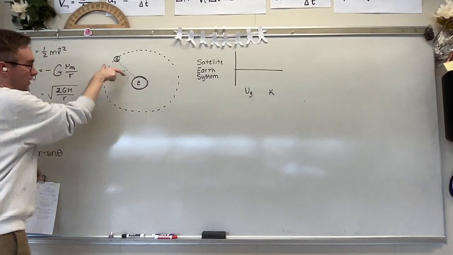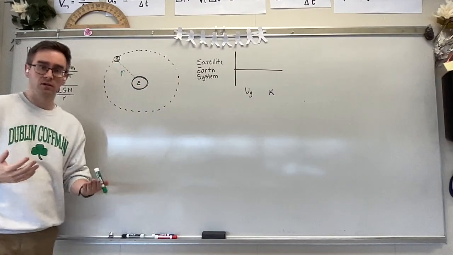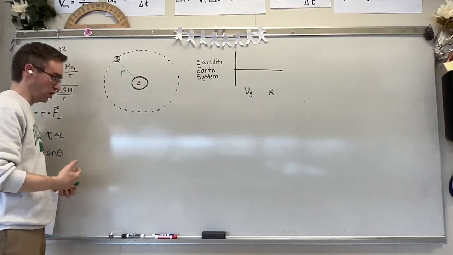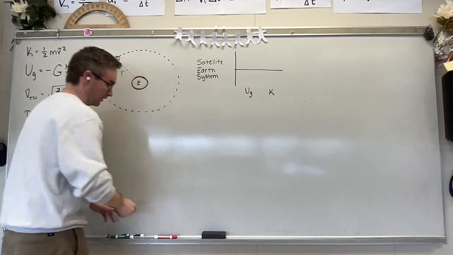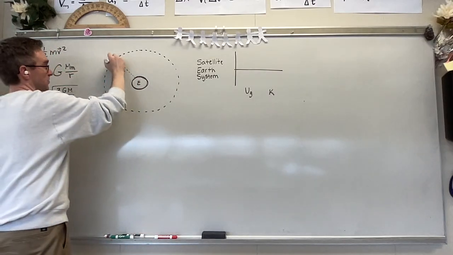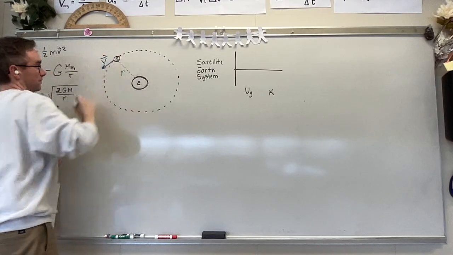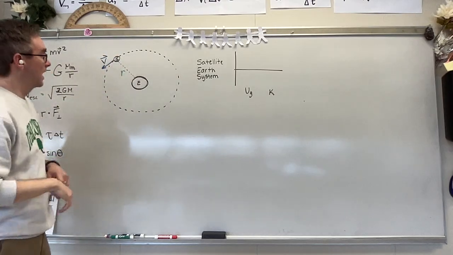And that radius is the same here as it is here, as it is here, as it is here. So it is not changing. And we also know that it has a certain velocity vector that's acting in that direction.